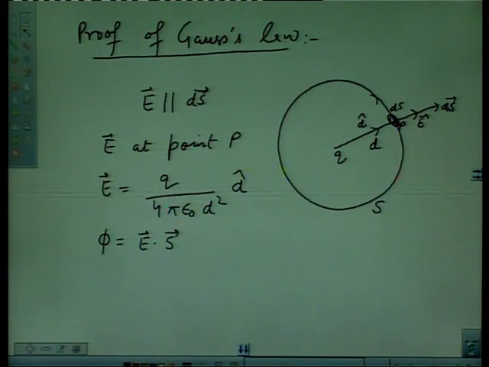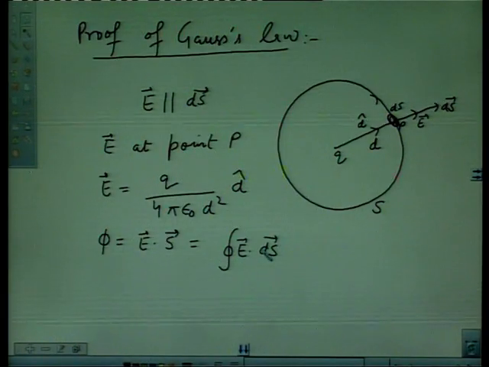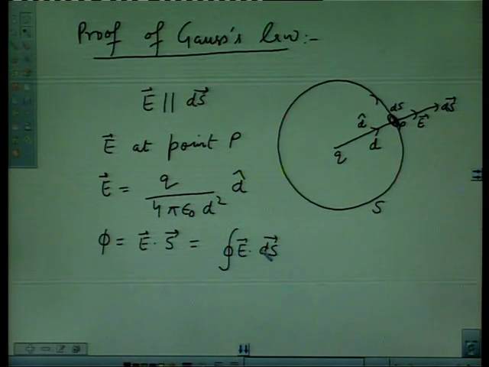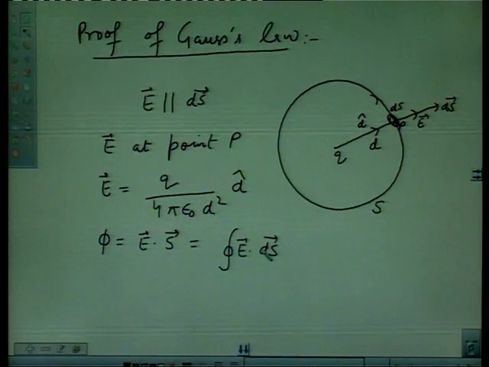This can also be written in integral form as the integral of E vector dot ds vector over the closed surface S. Since this surface S is divided into small surfaces ds1, ds2 and so on, when we integrate we get the total flux through this surface S.